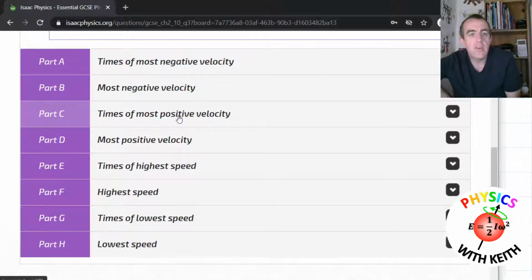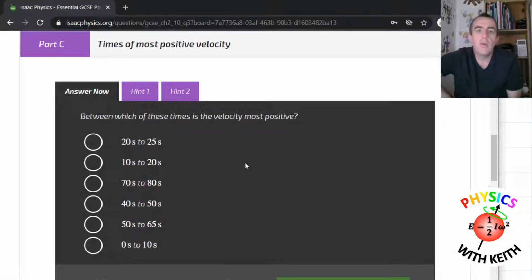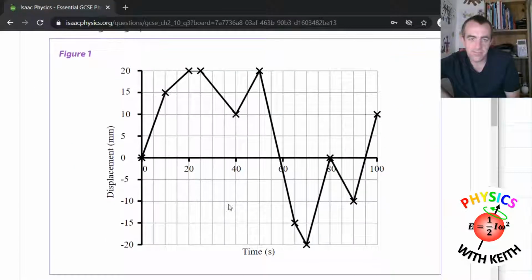Okay, so then we can look at the times for most positive velocity. So when is it most positive? In other words, when's it steepest? Just looking at the graph, I would say it's here and here when it's steepest. That's what I reckon. So there are 2 times when it's steepest, but it looks equally as steep there as it does there.